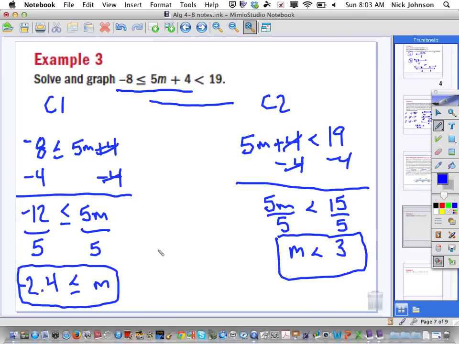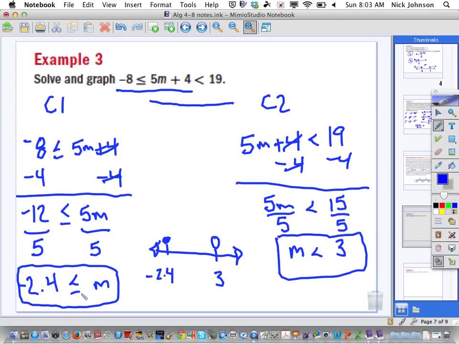If I wanted to put both of these on my inequality, I have negative 2.4 as my point of interest. I have 3 as my point of interest. Closed circle on the negative 2.4. Open circle on the 3. Now, you got to read from your variables.